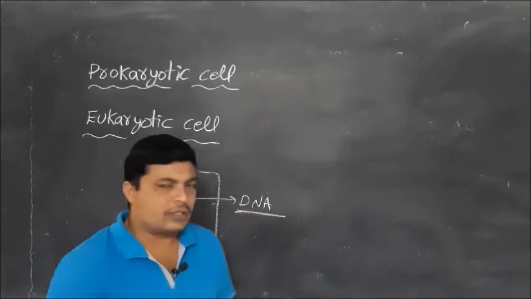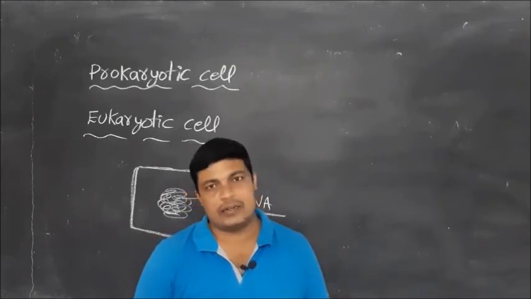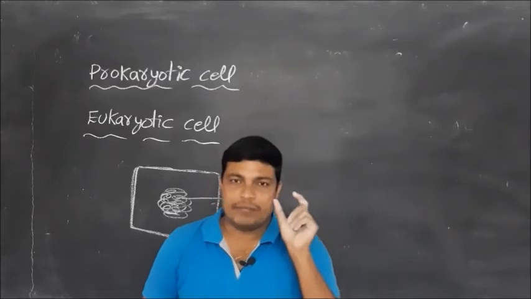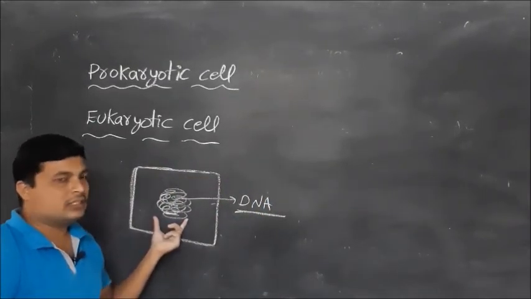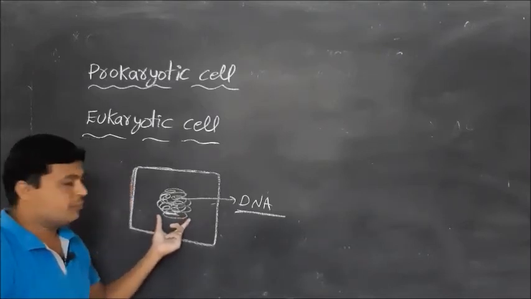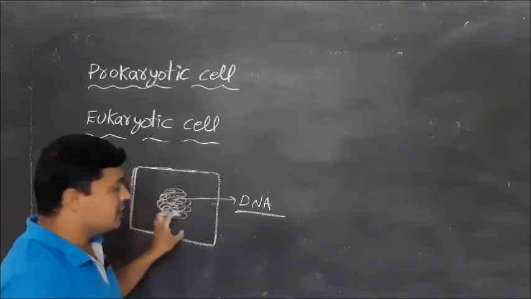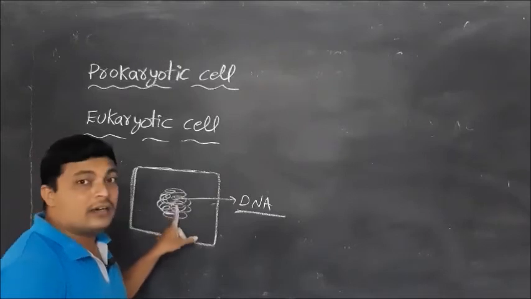So, each and every cell, you can take plant cell, animal cell, bacterial cell, fungi cell, any kind of cell, each and every cell contains the DNA. DNA plays a very important role in the cell. All functions of the cell depend on the DNA.